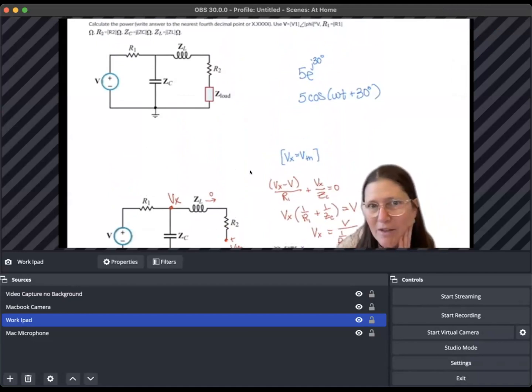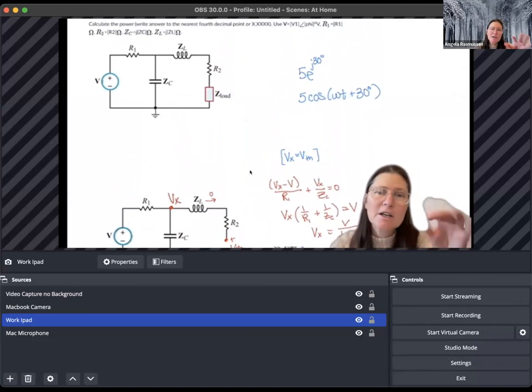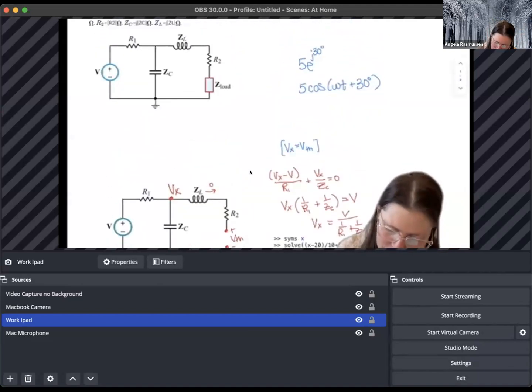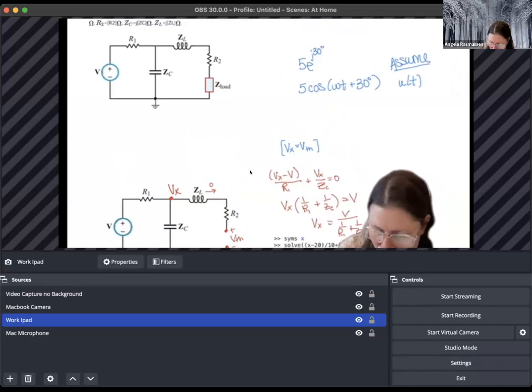To find maximum power, that's usually what we do. We're not moving to Fourier here. You just assume it has a u(t) to it. So we'd assume V1 would be 5e^(j30°) u(t).